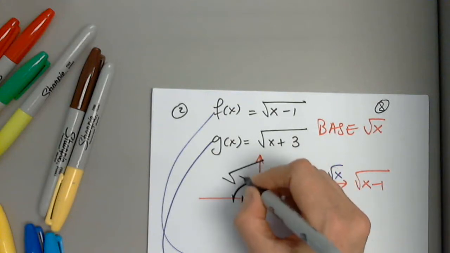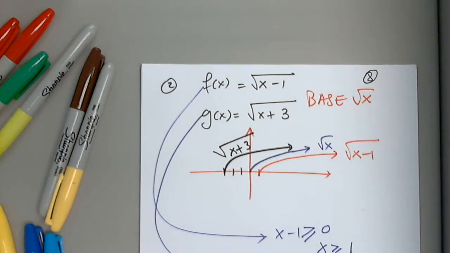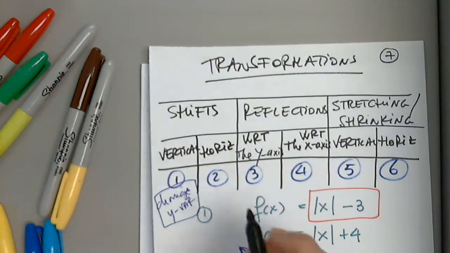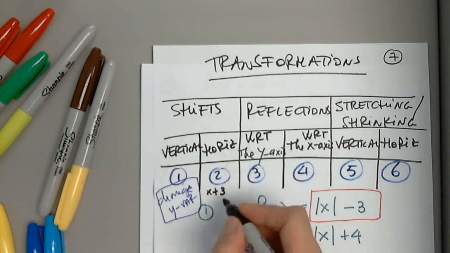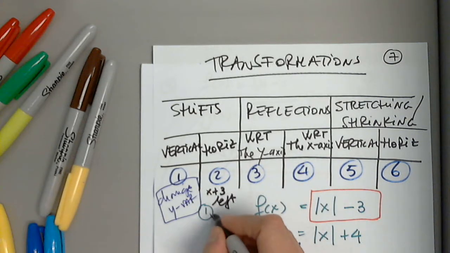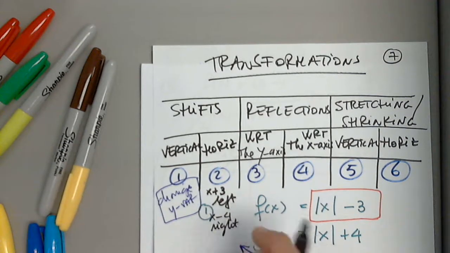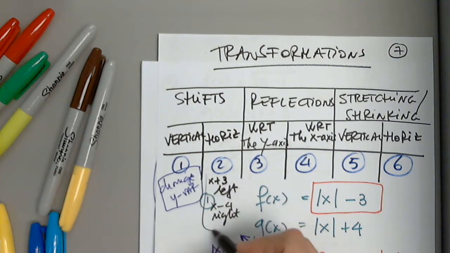So this is the square root of x plus 3. And that's the second. So if we change x into x plus 3, for example, we go left. If we change x into x minus 4, we go right. Left 3, right 4.